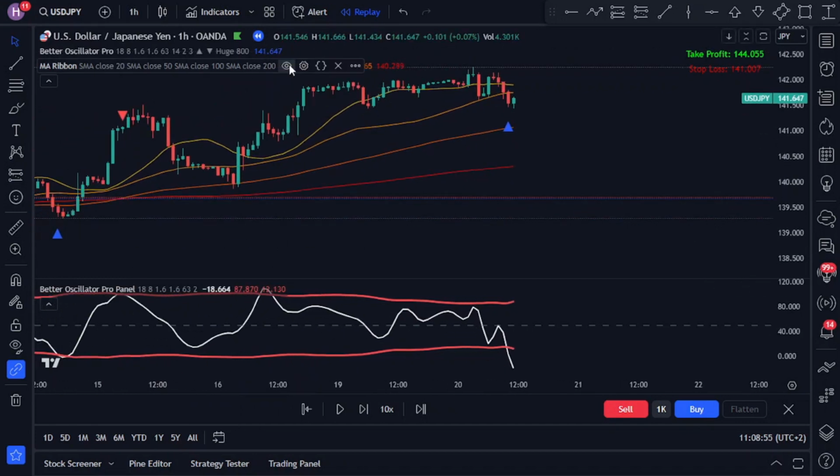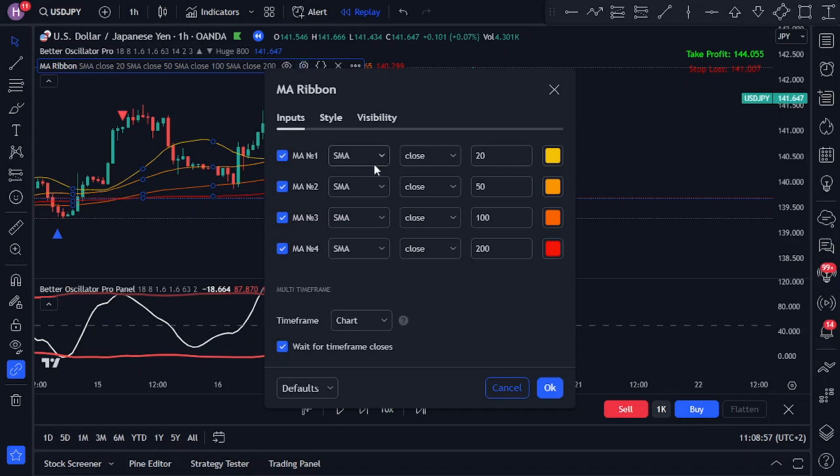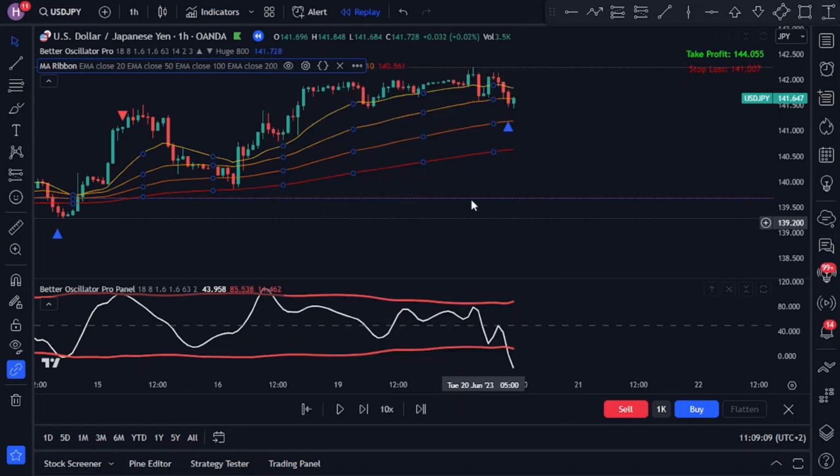And you'll see after attaching the moving average ribbon to your chart, head over to its settings. And under the inputs, we are going to change each of the moving average types from SMA to EMA for the 4 different moving averages that build the ribbon.